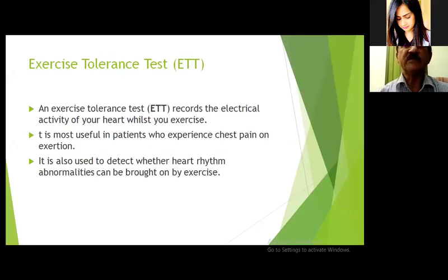It's most useful in patients who experience chest pain on effort. It's also used to detect whether heart rhythm abnormalities can be brought on by exercise. While you walk, jog or run, there can be extra systoles like PVCs, premature ventricular contractions or atrial contractions, brought on by the exercise.